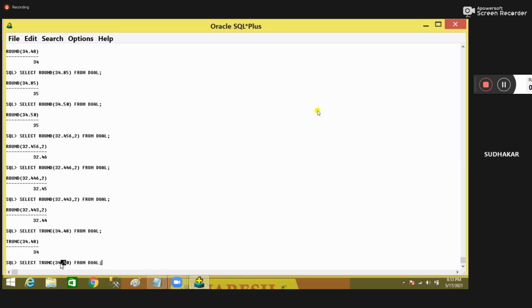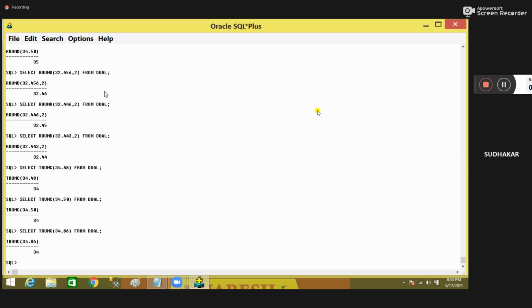That's why 34.5, even though I give it, shows an exact value, 34 only. Even if I give 34.86, the round function adds 1 for 0.5 and above, but trunk is not adding any 1. As usual 34 only. Understand the round function and trunk function difference, right?